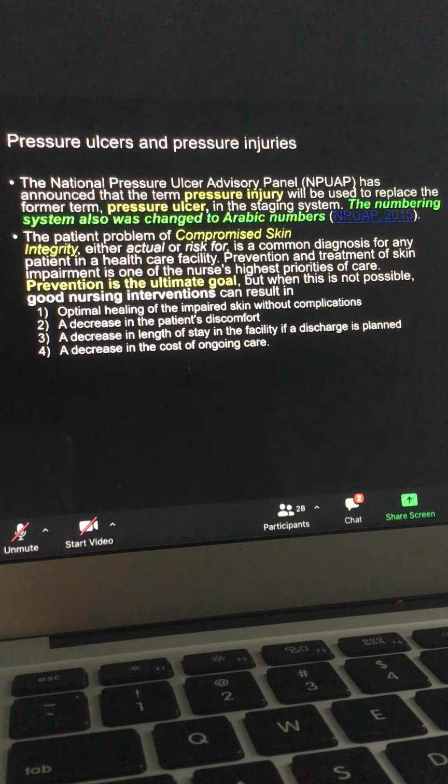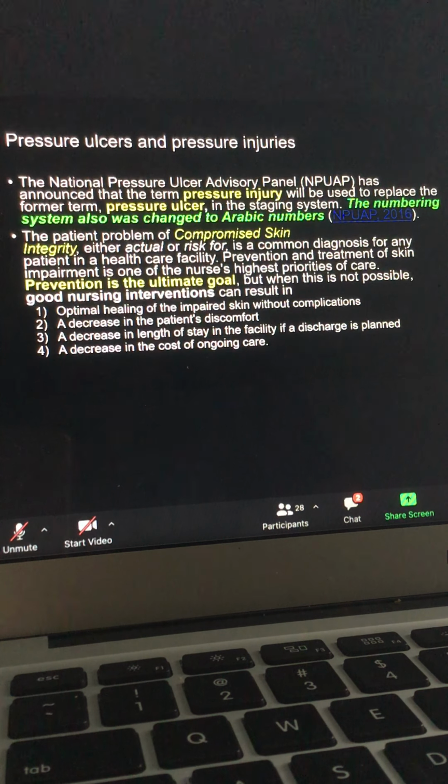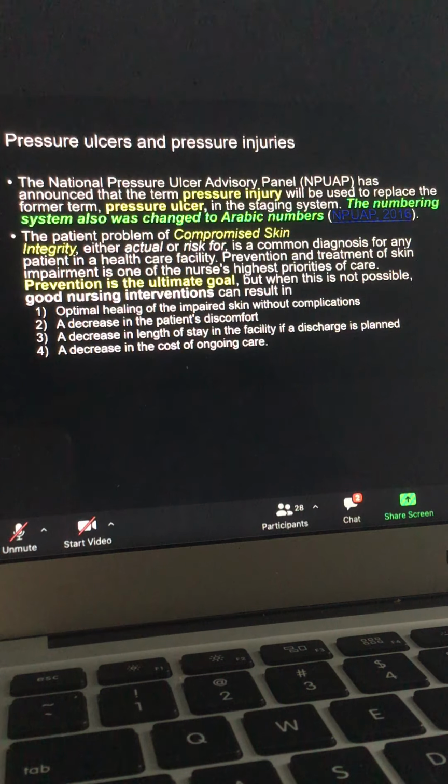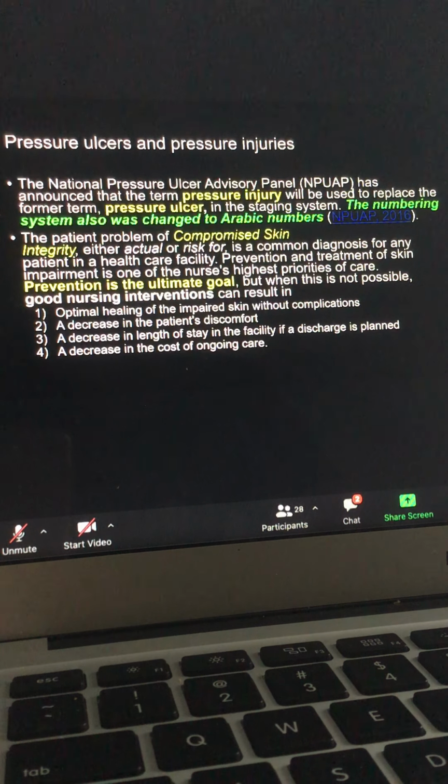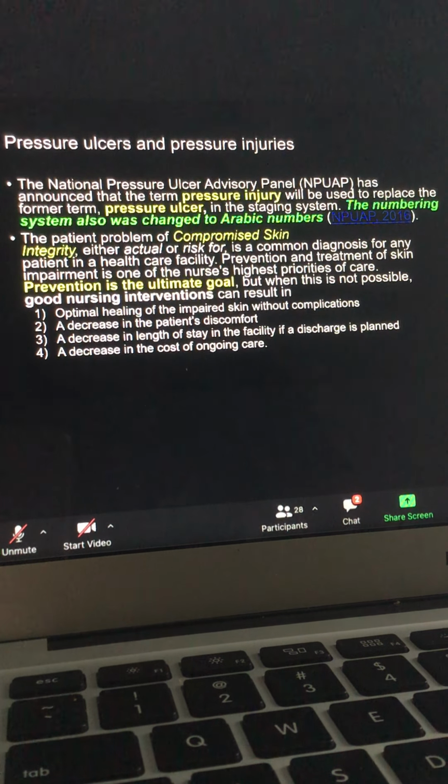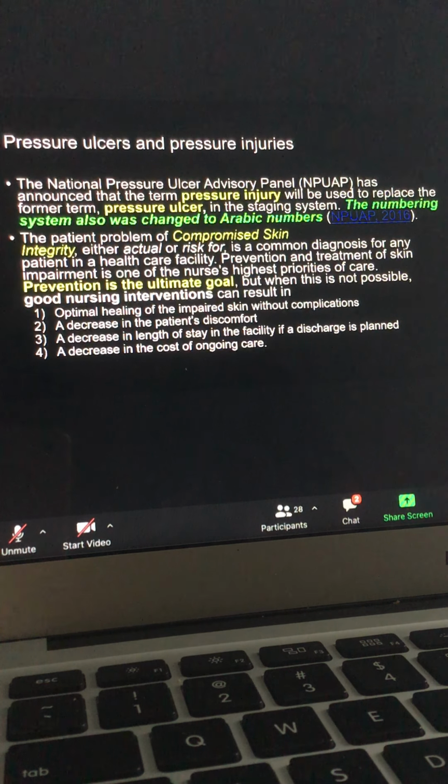In terms of the nursing process, most of the patient problem here, if we're going to use a nursing diagnosis, would be compromised skin integrity. This can be an actual problem, meaning it's already existing in the patient, or it is a risk for a problem, meaning the skin's still intact, but because of the patient's condition, that puts him at risk for developing a pressure related injury.